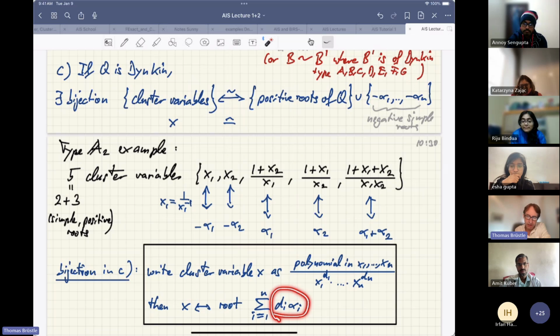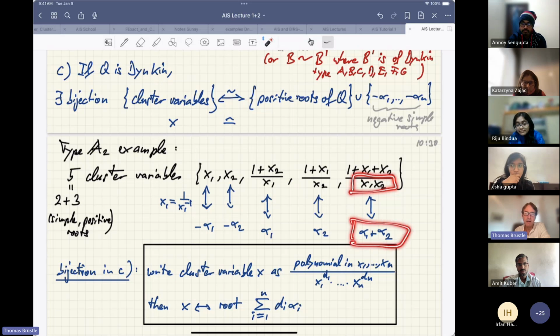Yeah, this is exactly the formula we have here. You see what we do? x1 times x2 corresponds to the root 1 times alpha 1 plus 1 times alpha 2.